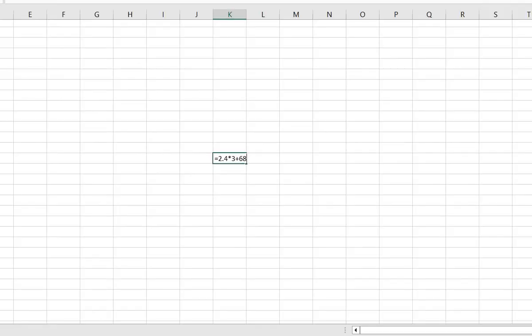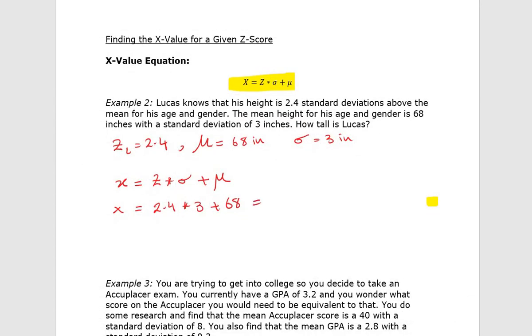So I just did the calculation immediately, and the answer is 75.2. So this is 75.2, and the height is measured in inches because the average was given in inches. So I know that the height of Lucas is 75.2 inches. Very important to include the units here. Let's look at another example.